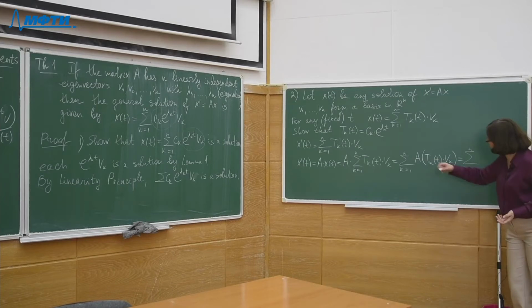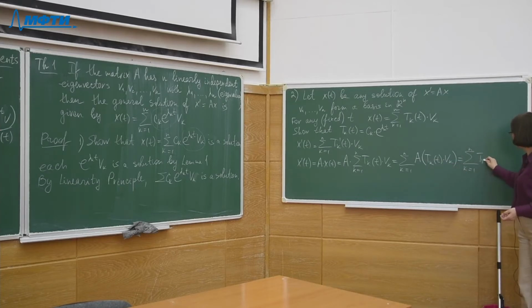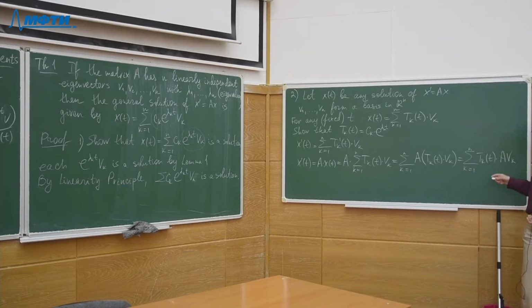It is equal to t_k of t times A applied to the vector v_k, because this is a constant.